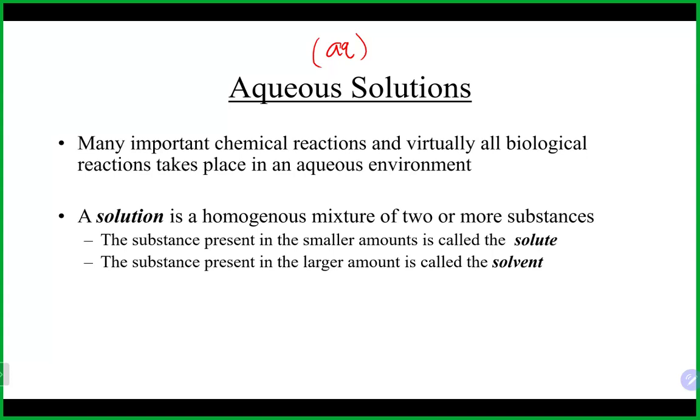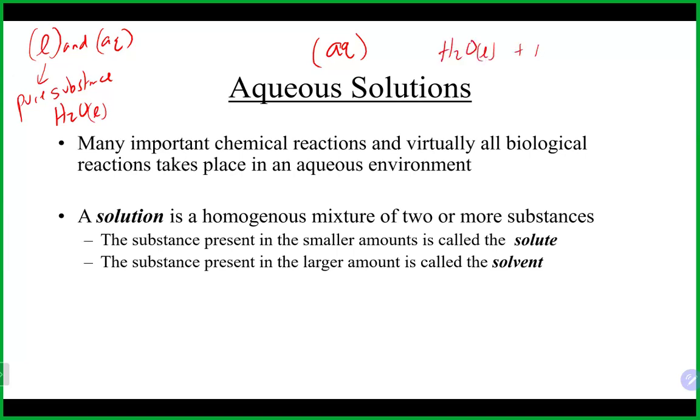In a lot of cases, water is a very good solvent, and the solute would be whatever you dissolved in water. As we talked about, there is a difference between liquid and aqueous. Something that is a liquid is really a pure substance, like water by itself. The aqueous state is also a liquid state, but it is a mixture, which means there are two or more things in that solution.